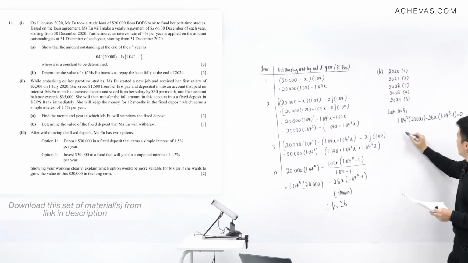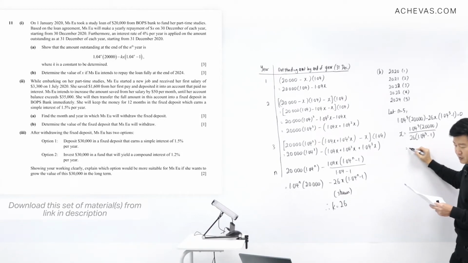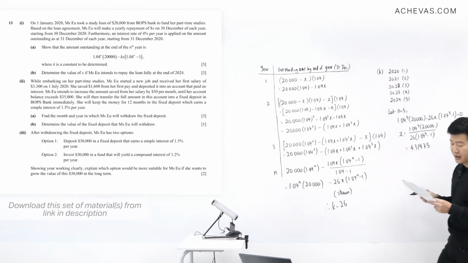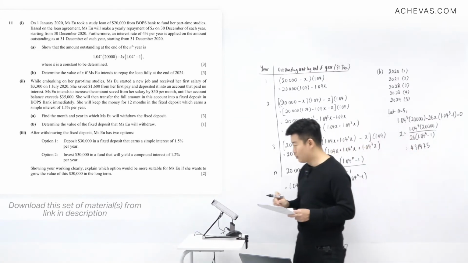And then working out the value of x, which is going to be equal to 1.04 to the power of 5 multiplied by 20,000 divided by 26 times 1.04 to the power of 5 minus 1. So x here is going to be equal to the amount of money is 4319.75. Okay, let's move on to part 2.